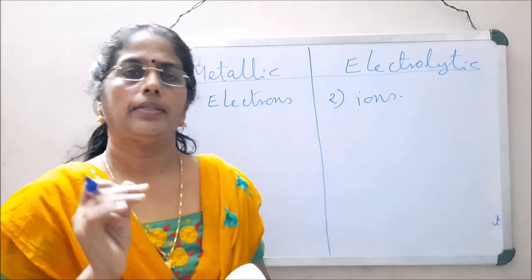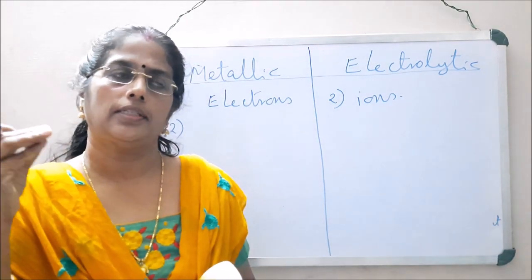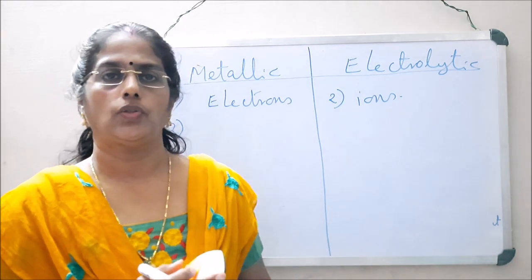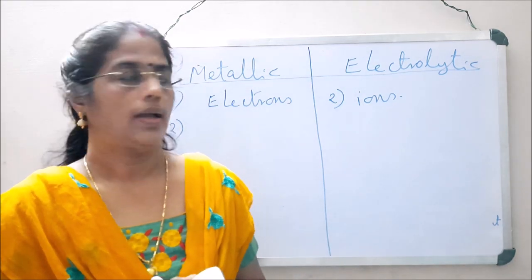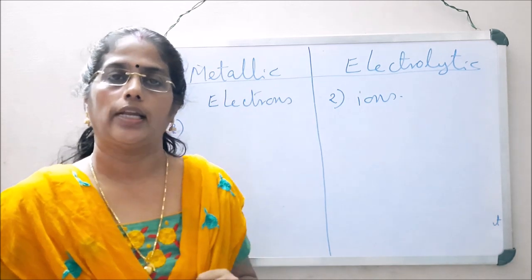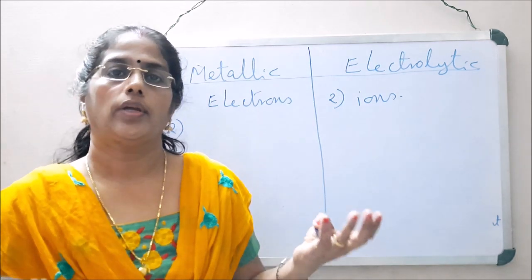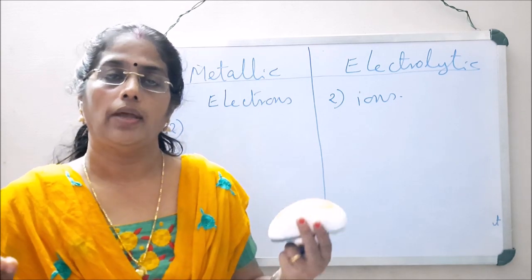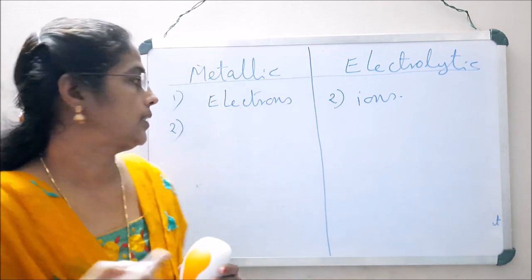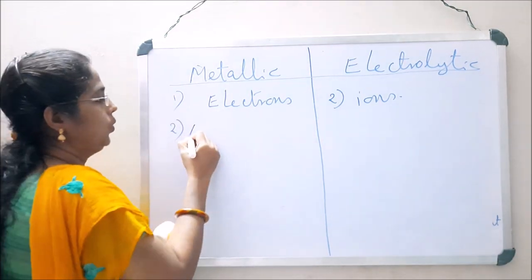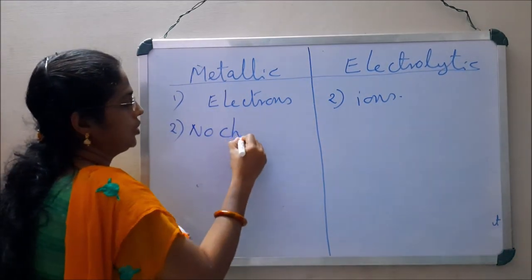Then, in the metallic conductors, when electricity moves through the metal, no chemical changes occur. But in the case of electrolytes, when electricity moves through the electrolyte, it undergoes chemical decomposition. For example, sodium chloride decomposes to form Na plus and Cl minus. The second difference is that in the case of metals, no chemical change.